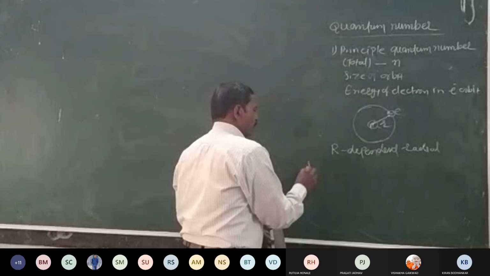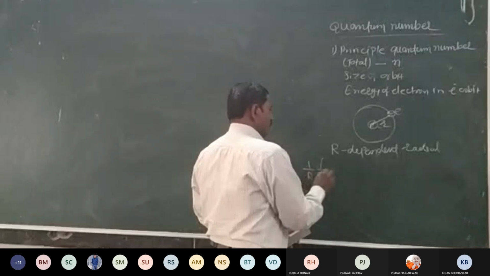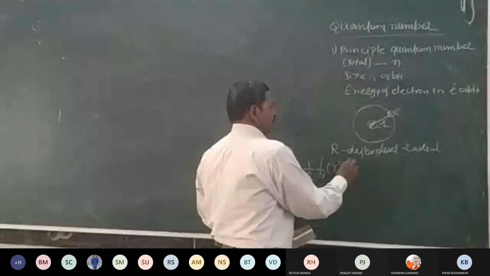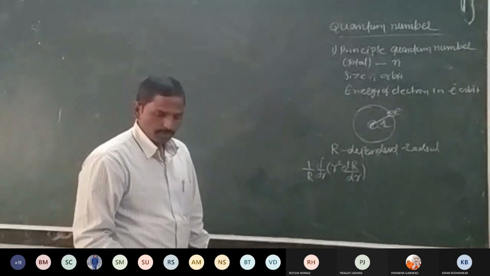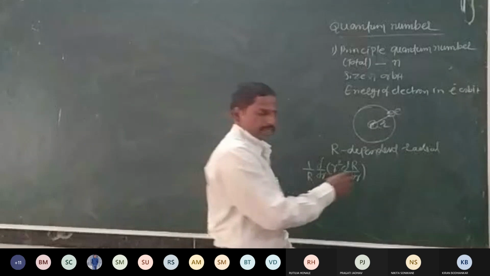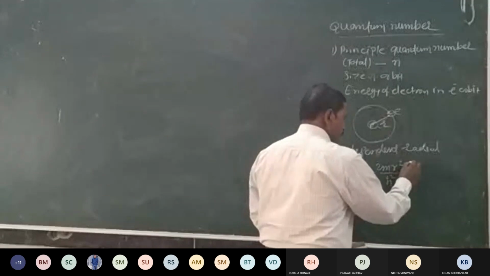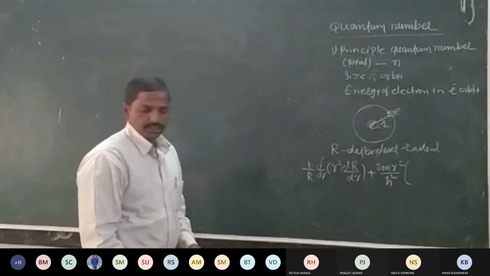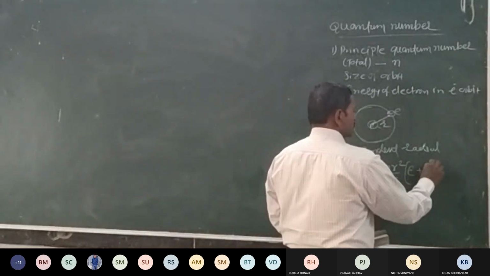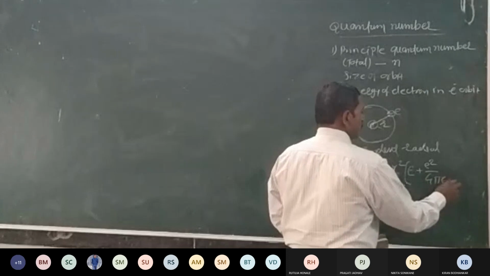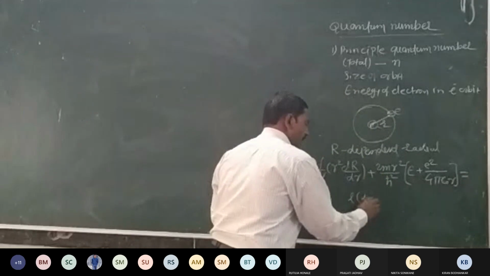And that radial part is 1 upon r into dou by dou r into r square dR upon dr, plus 2m r square upon h cross square into E plus e square upon 4 pi epsilon 0 r, is equal to L into L plus 1.